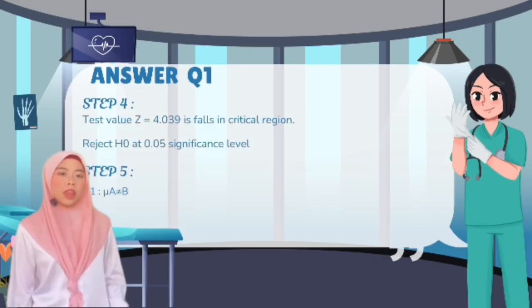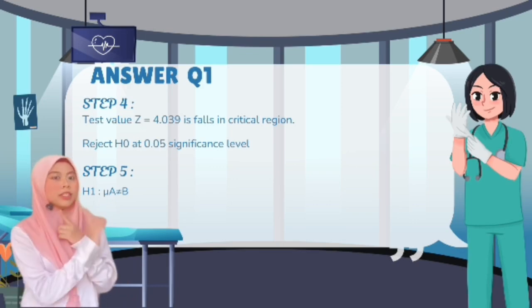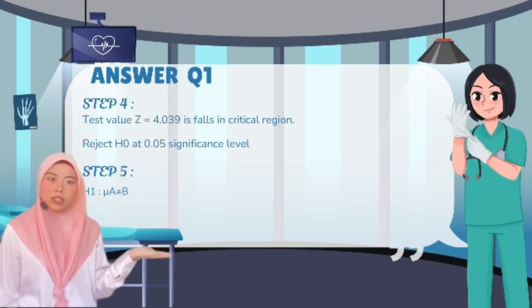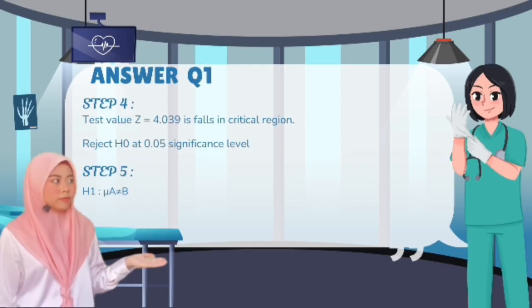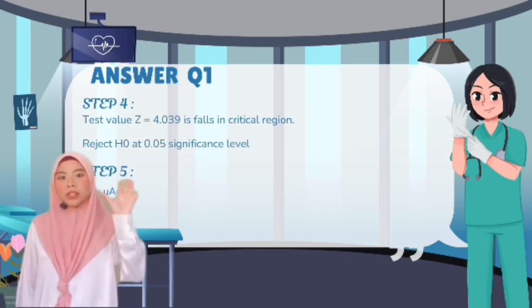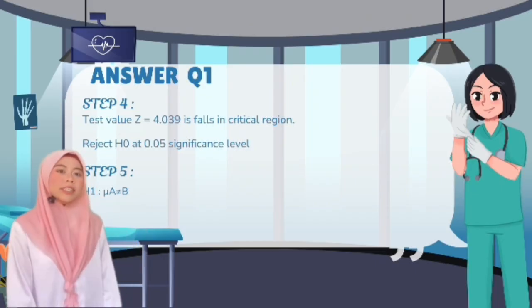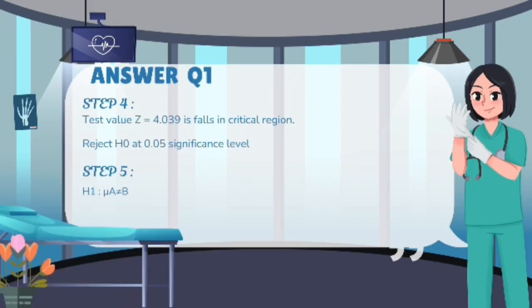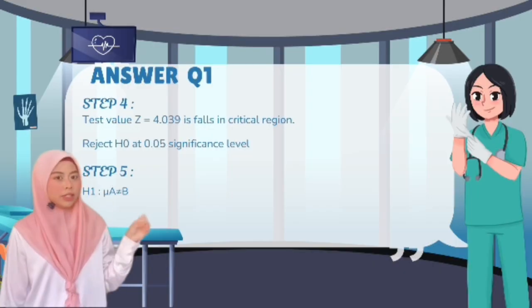Step 4. Make a decision. Now, we compare our result. Our calculated test value of Z equals 4.039 is much higher than the critical value of 1.96. This means it falls deep within the critical region.